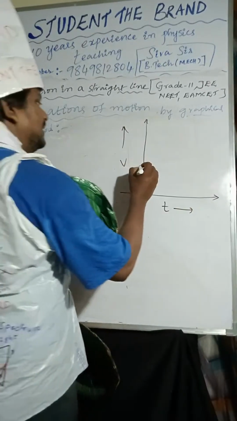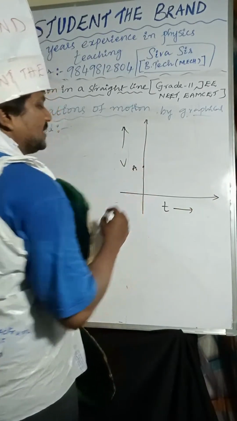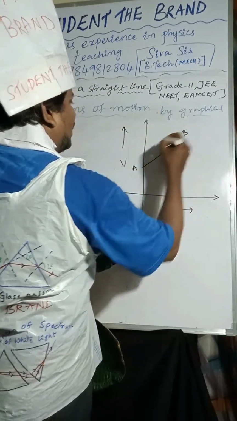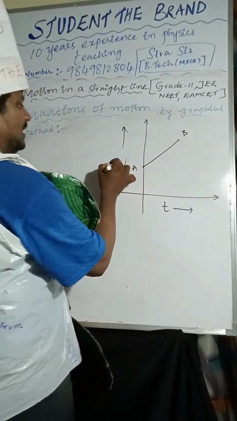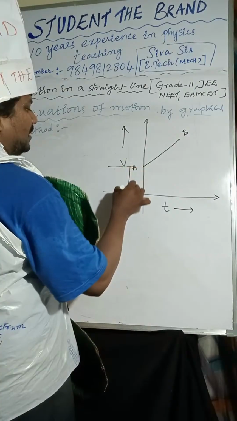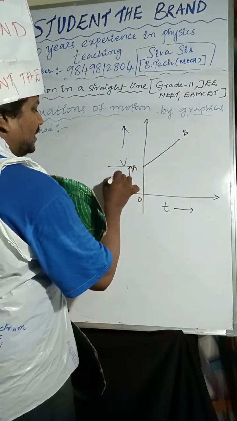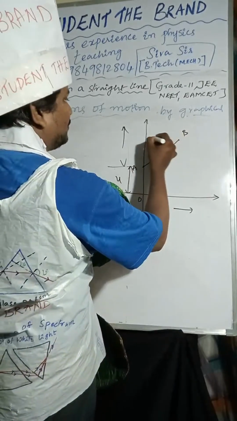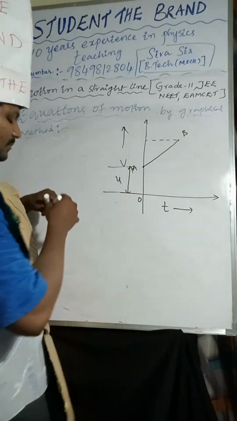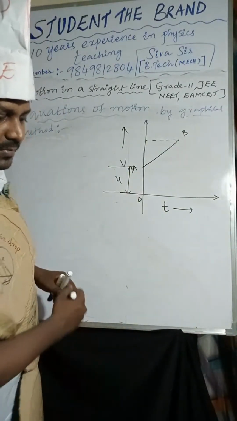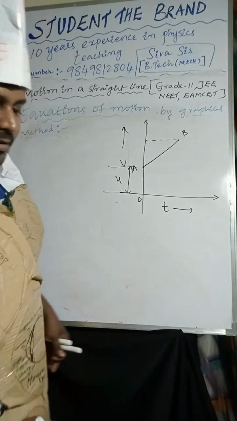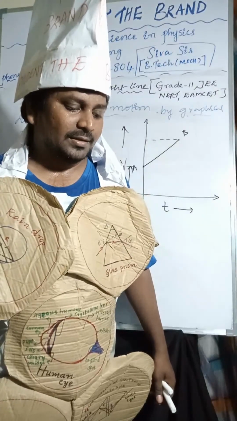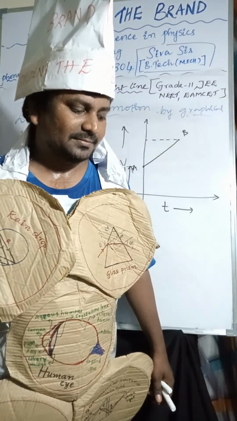So the object is starting from point A and reaching point B. The object starts from point A with initial velocity. Here the velocity of the object from the origin to A is the initial velocity u.